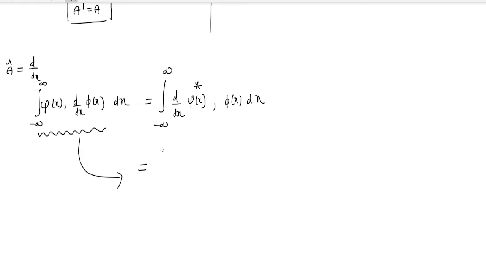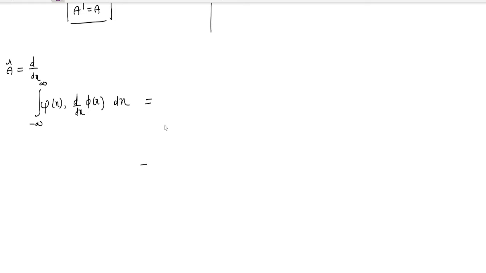After applying the integration from minus infinity to plus infinity, it is better to write it like this: integral from minus infinity to plus infinity of psi complex conjugate of x times d by dx of phi dx.